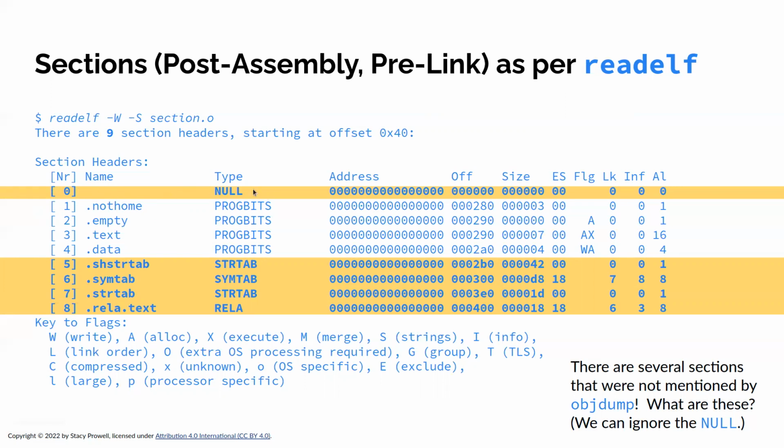That's fine. It's basically a placeholder. Don't worry about it. Then there's this shared string table, which is a string table. There's strtab, which is a string table. And there's symtab, which is a symbol table. And again, I've got a video up on the site that explains these. Reltext is for relocations, and we'll talk about that later on.